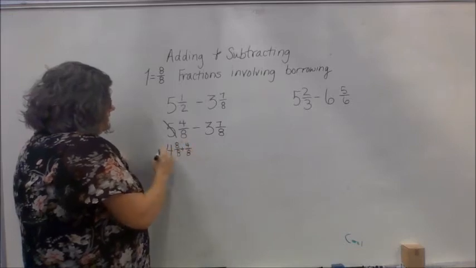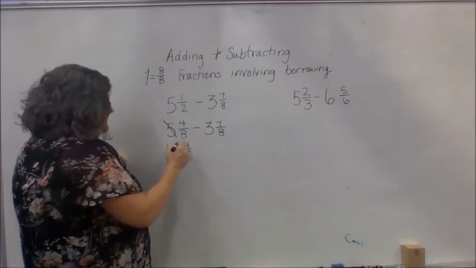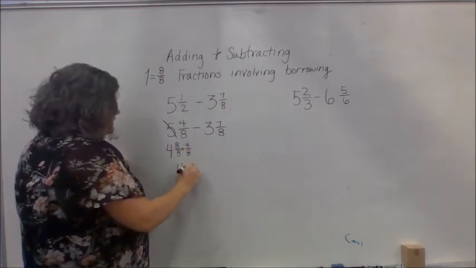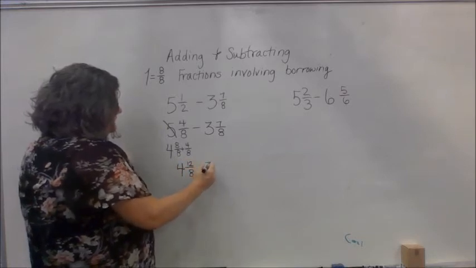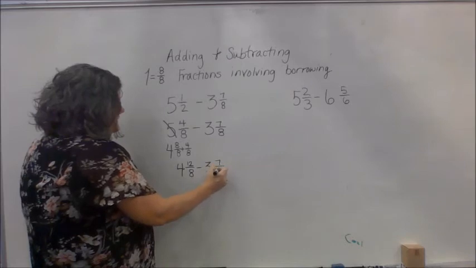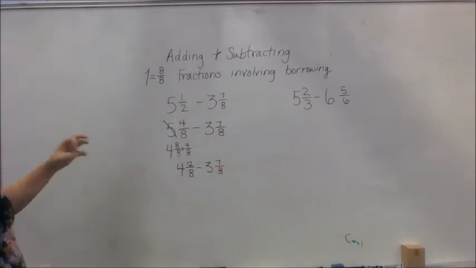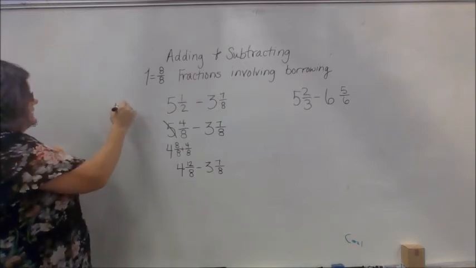So that gives me how many pieces of cake now? 8 plus 4 is 8, 9, 10, 11, 12. So I get 4 and 12/8 minus 3 and 7/8. So what I did is I basically took one of the ones out and made it kind of be like 1 and 4/8 if you want another way to look at it.